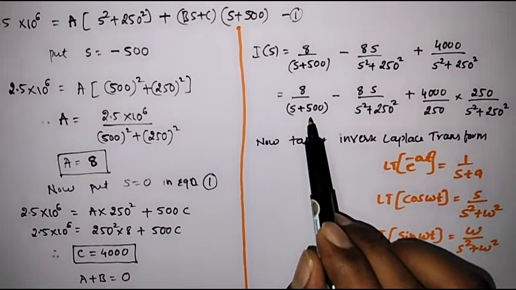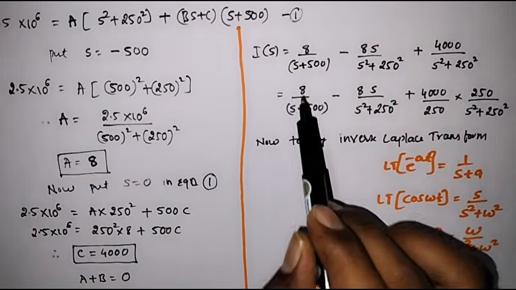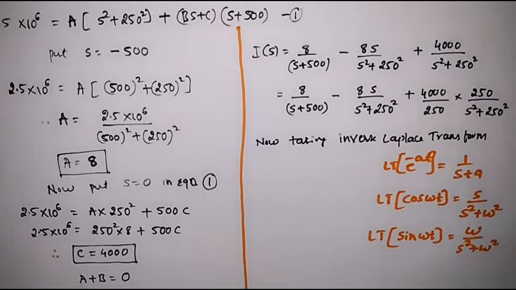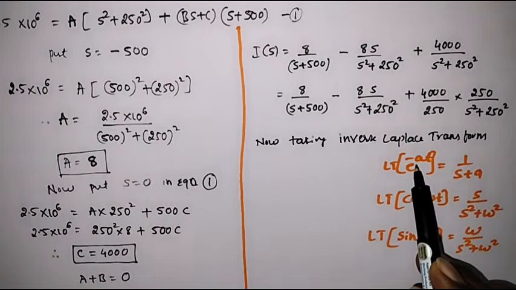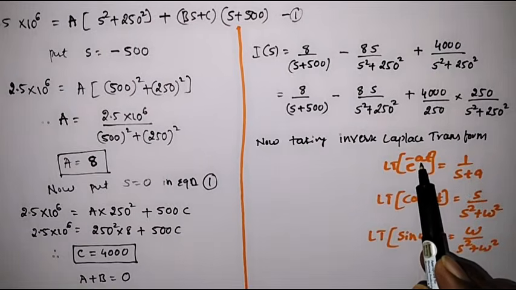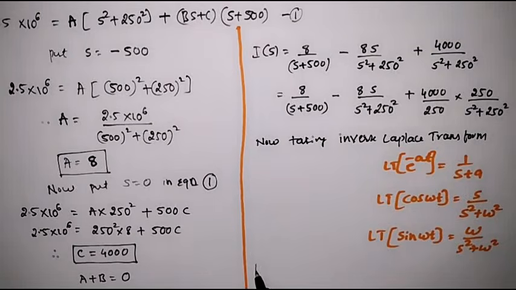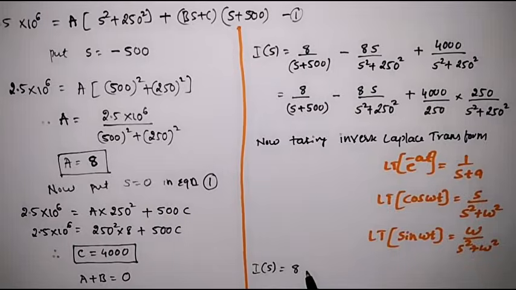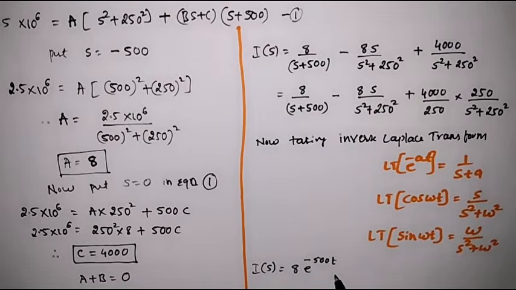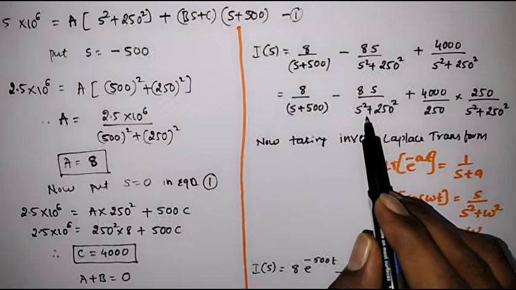Now, therefore, we can say inverse Laplace transform of 8 divided by s plus 500. It is of form 1 by s plus a, which is nothing but e raised to minus a into t. So here the value of a is 500. So I can write 8 is constant e power minus 500t minus 8 is constant. I will write it as it is s divided by s square plus 250 square.